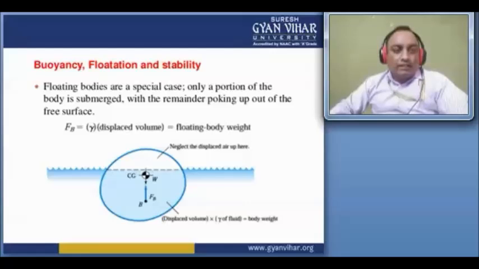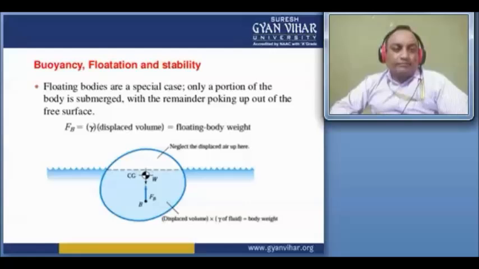And this is the next slide, which gives the introduction about the buoyancy, flotation, and stability of the body. In a floating body, especially, only a portion of the body is submerged, with the remainder poking up out of the free surface.